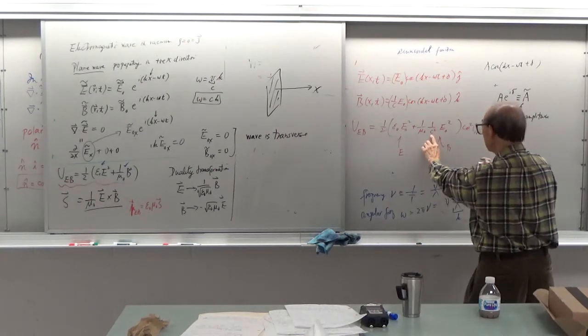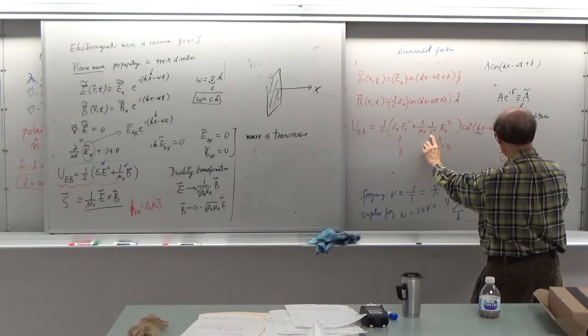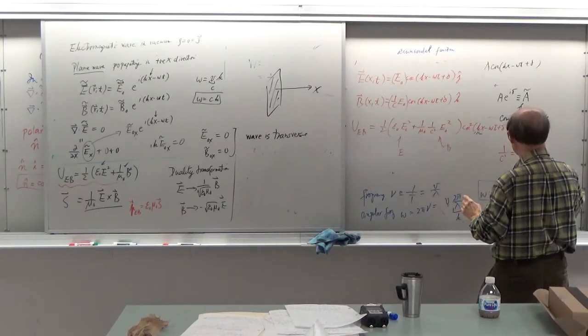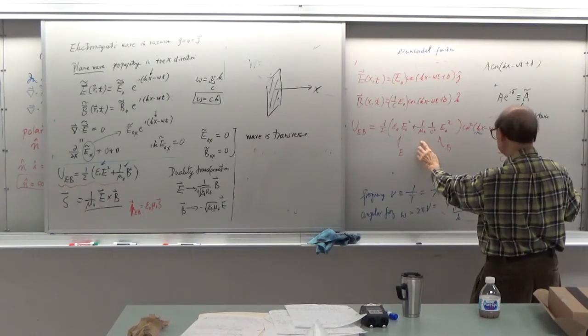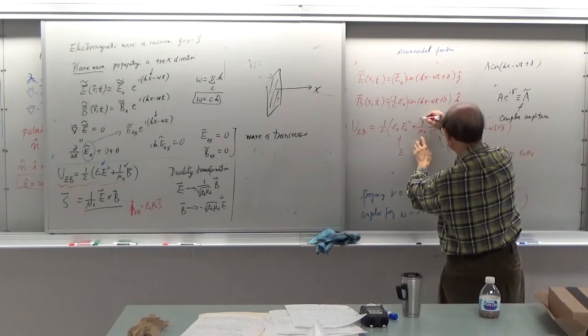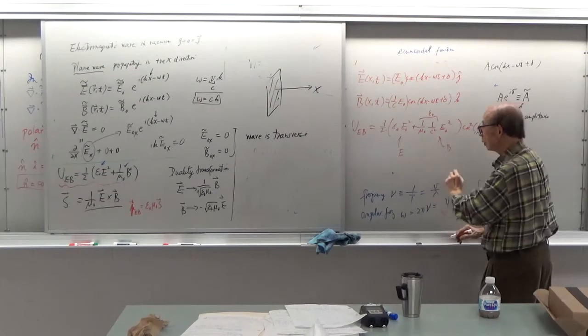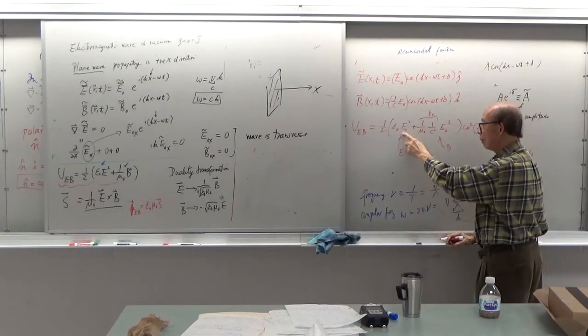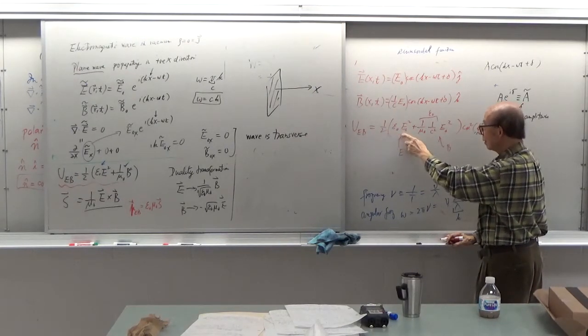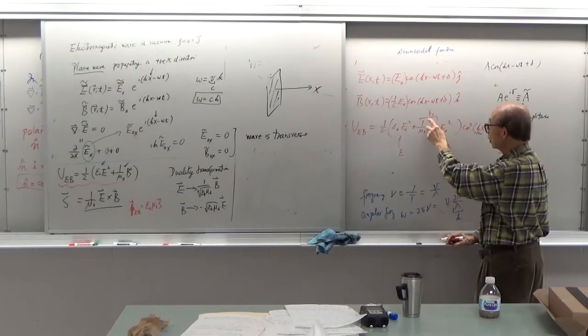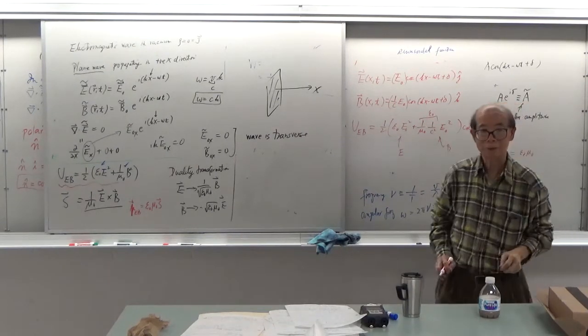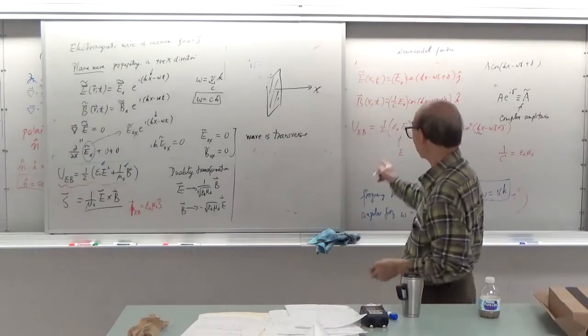But notice that 1 over c square is nothing but epsilon naught mu naught. So this mu naught cancels. So this is nothing but epsilon naught. Lo and behold, the electric field contributes that much to the energy density, but the magnetic field B contributes the same amount of energy density. They contribute equally.